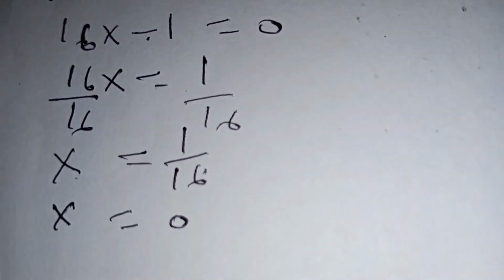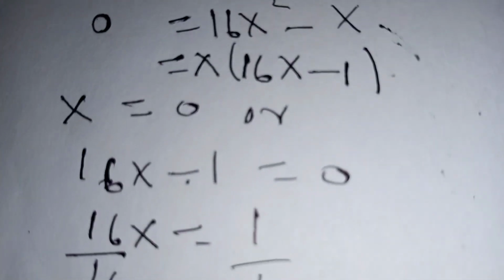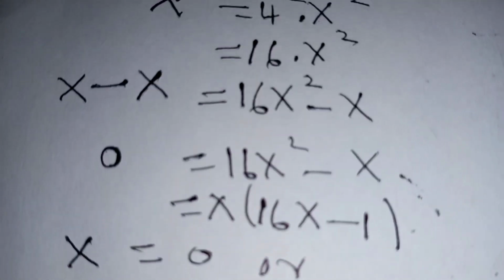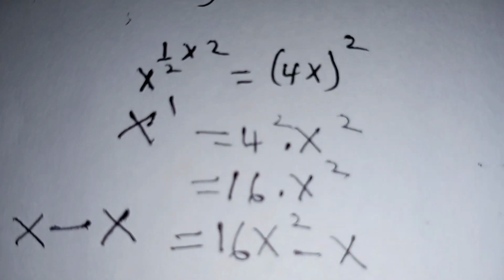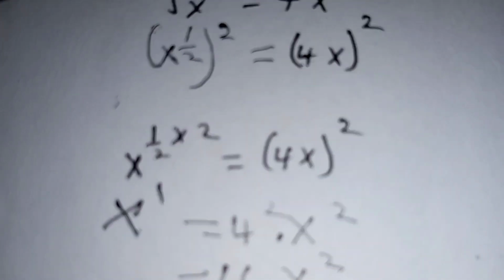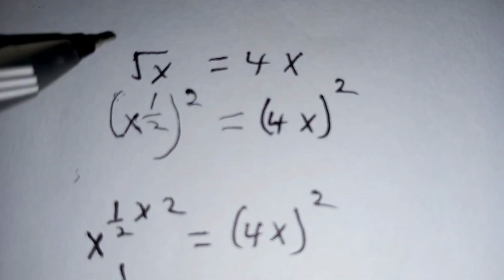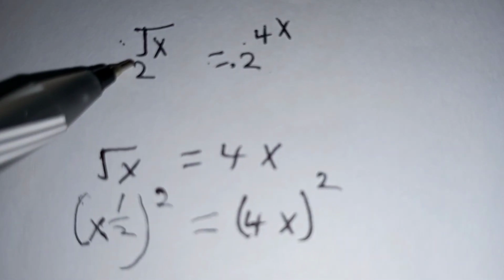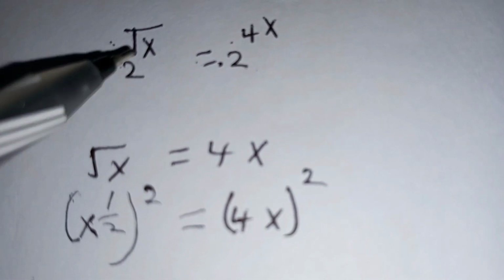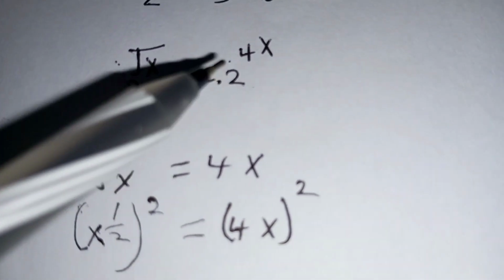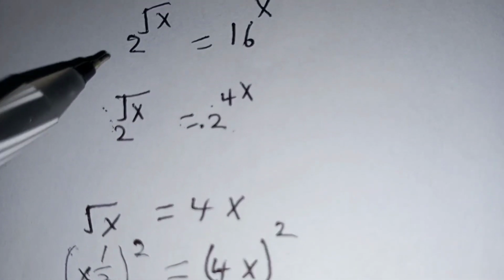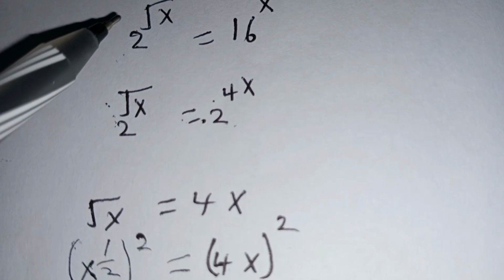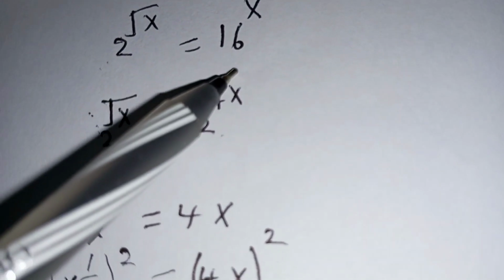We are going to check to see whether what we have done is correct. Remember, we had been given this equation here: 2 power square root of x is equal to 2 power 4x, which was initially 2 power root x is equal to 16 power x.